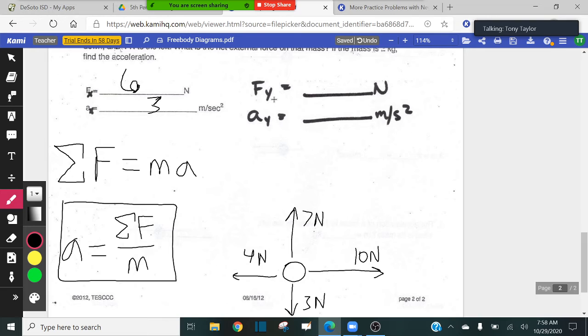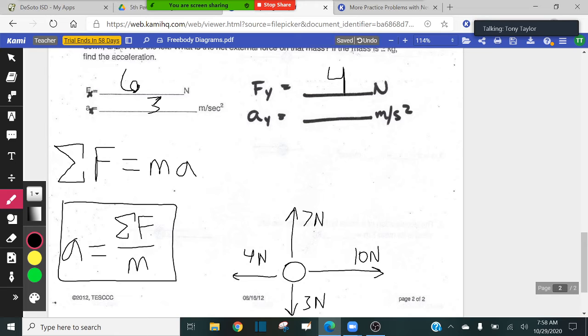Now, what about the sum of the forces in the y direction? Notice I have 2 vertical forces here. I have a positive 7 and a negative 3. When I combine those forces, I get positive 4 newtons.